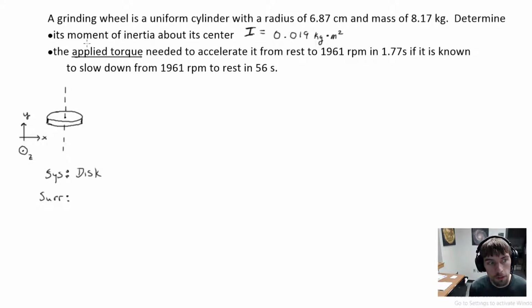One is whatever object is doing the applied torque. I'll just call it object 1. We don't really care what this object is, we just know that it's doing this applied torque. And we have object 2, which we're going to infer based on this.